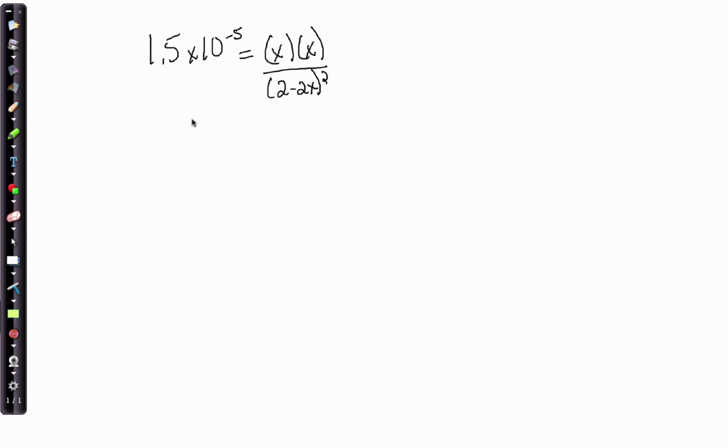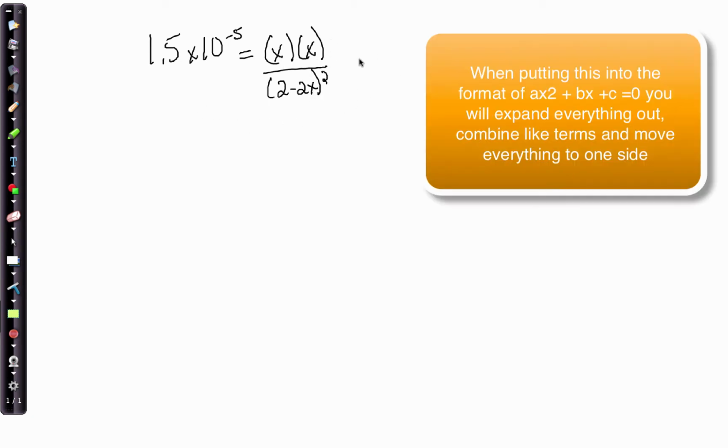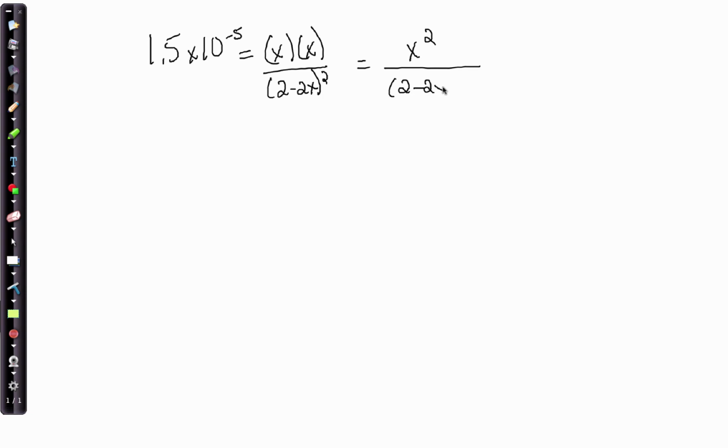At this point, x times x is just going to be x squared. And this is 2 minus 2x times 2 minus 2x. Now I'm going to expand this out. I'm going to FOIL.